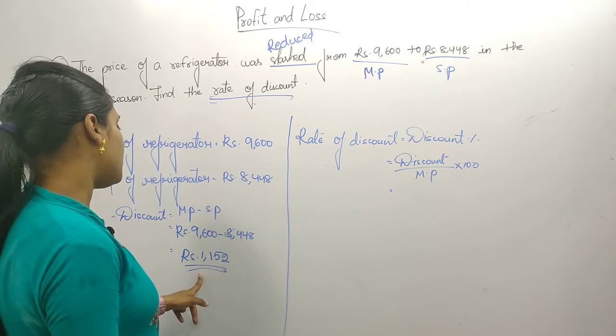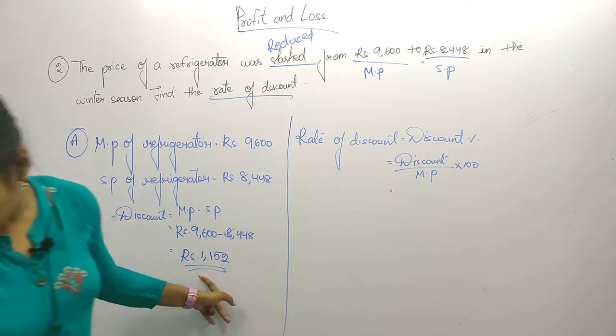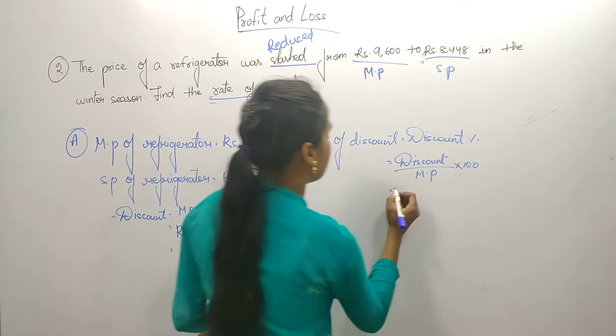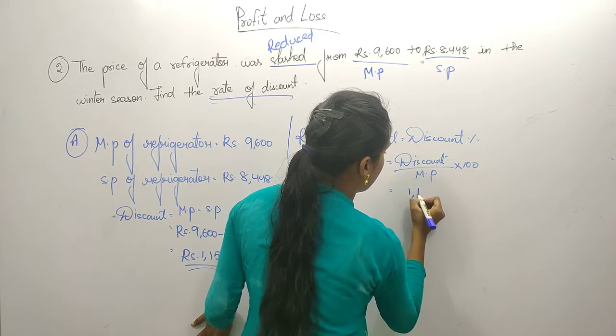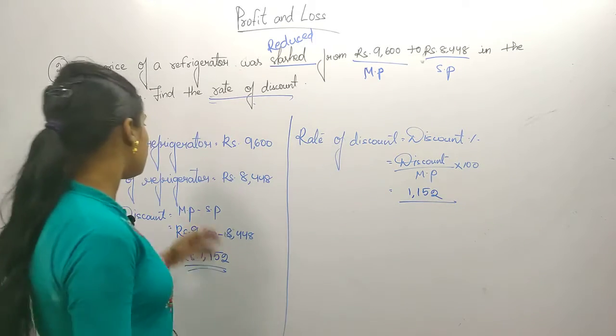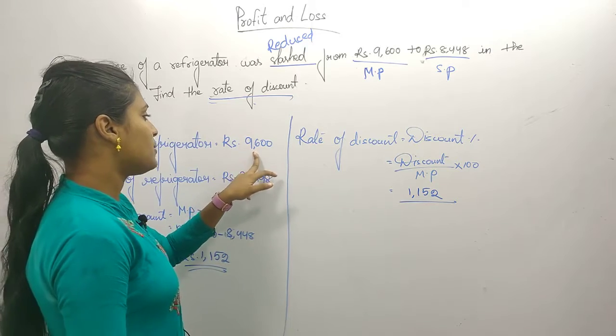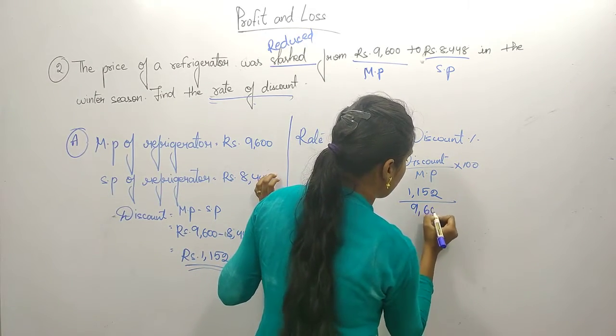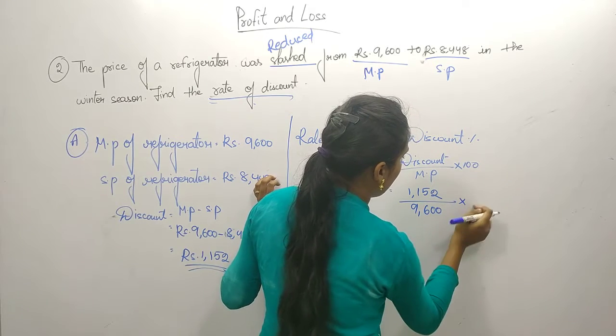Discount, how much did we get here? 1152 rupees by market price. How much is given here? The actual market price is rupees 9600, into 100.